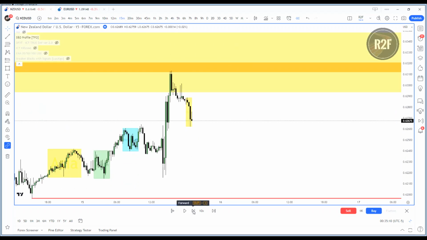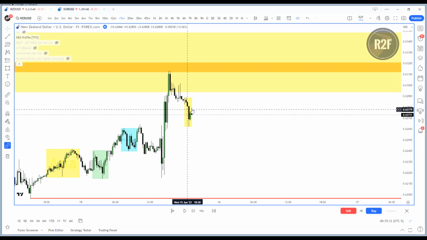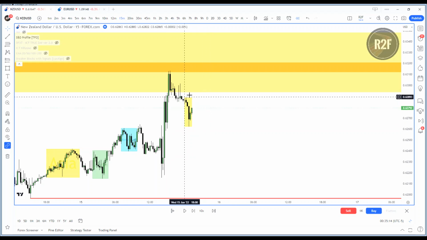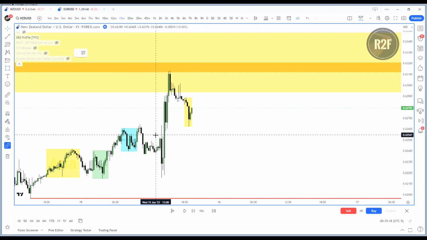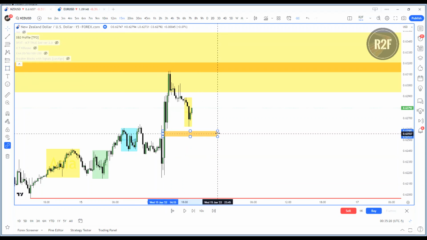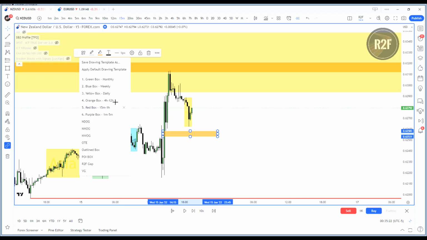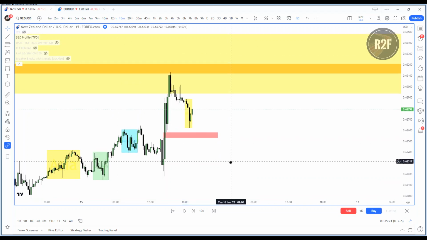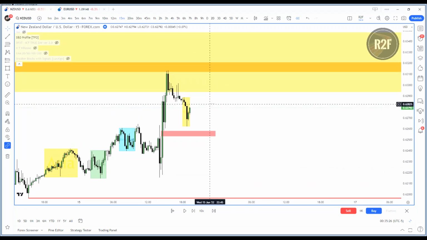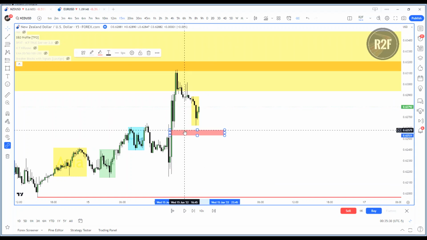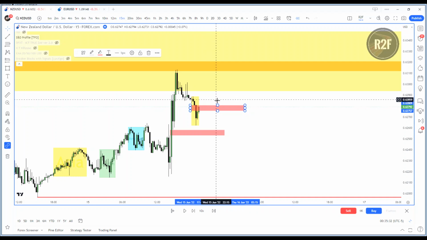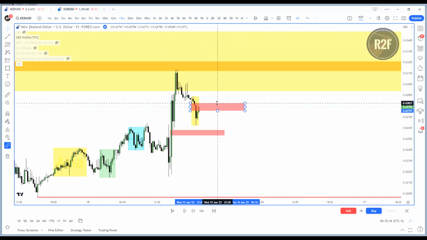Let's see if we get a gap formed. This gap here. Let me annotate this 15-minute gap here, just for reference. Now we're on the 15-minute, and there's also a 15-minute gap here. Let's just take up this whole area.